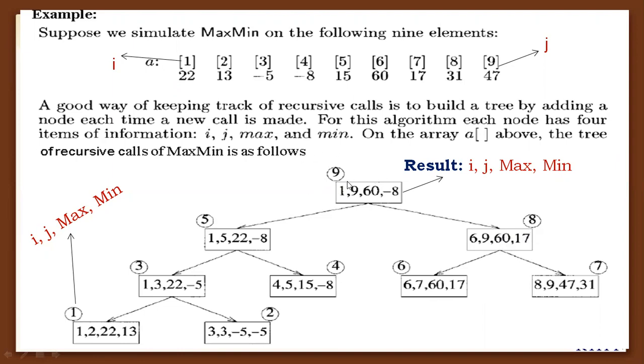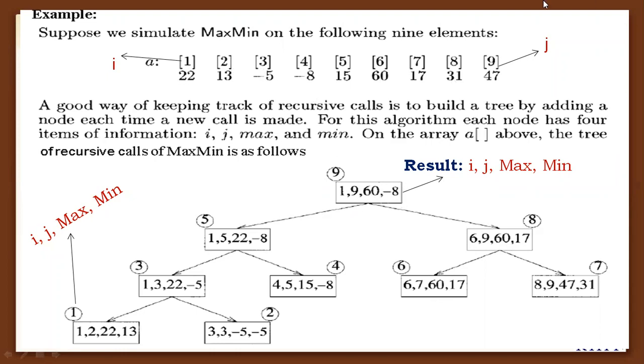And at last, if you consider this node, there are four parts. First one is the I value, A of I, the first element, which is 1. The second is J, the last element in the array, which is 9. And the third one is the maximum. The maximum element in the given array of size 9 is 60, whereas minus 8 is the minimum element.